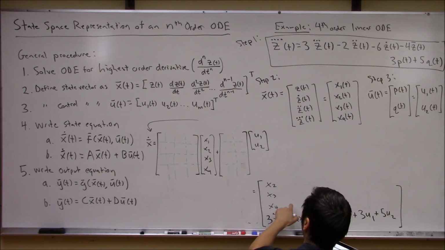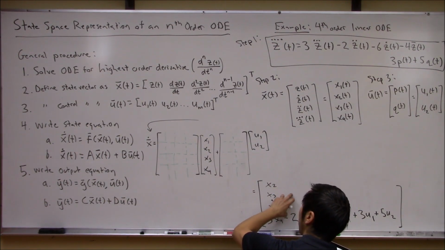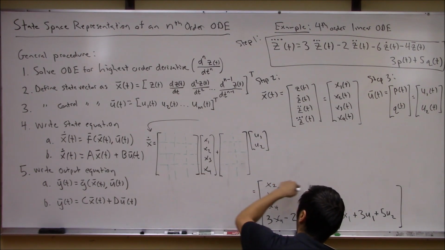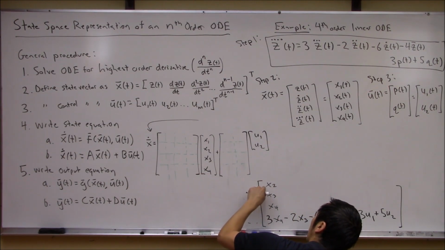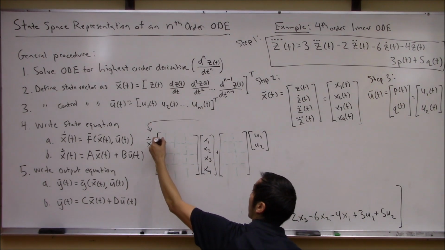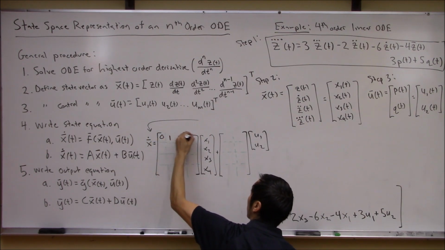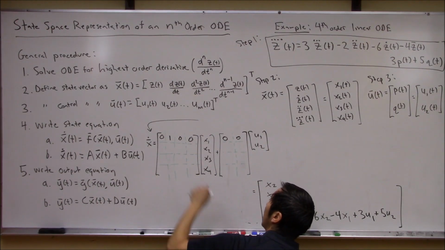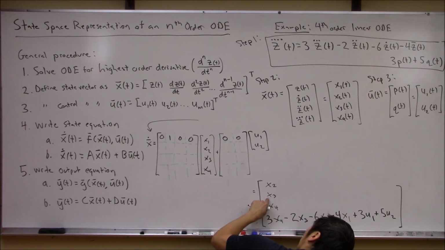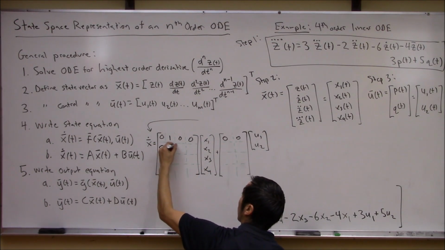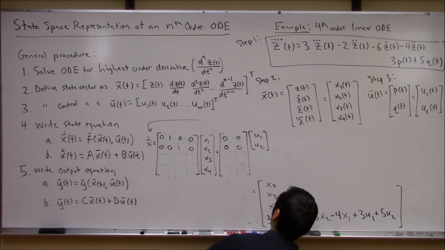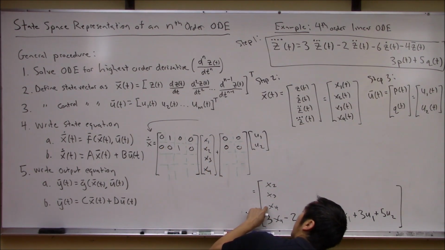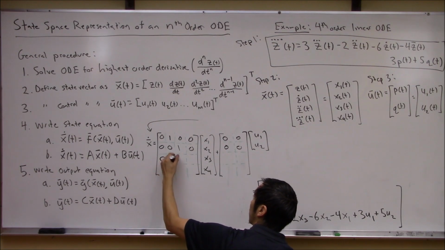So I just have to make this equal to this. The first row of this expression has to equal x2, so I need 0, 1, 0, 0. Would everyone agree that this top row just reads x2? Similarly, the second row has to read x3, so I need 0, 0, 1, 0. The third row has to read x4, so it's 0, 0, 0, 1.